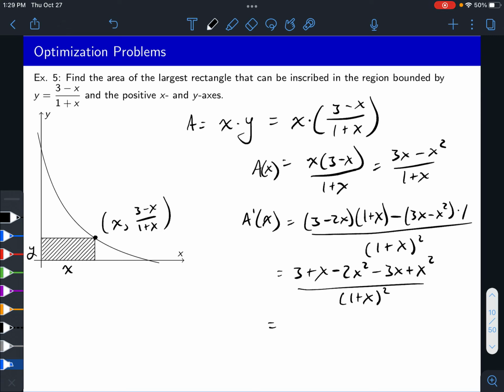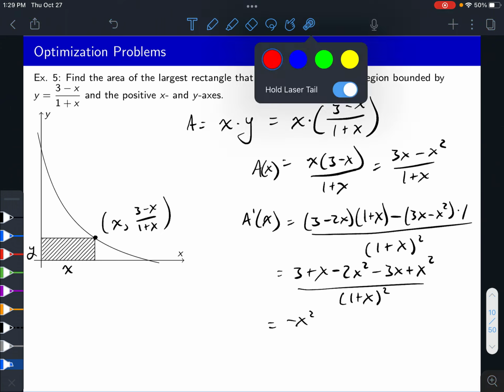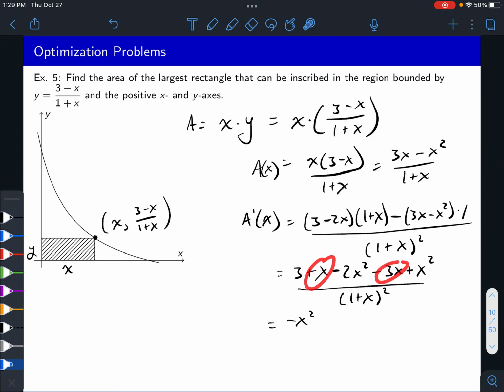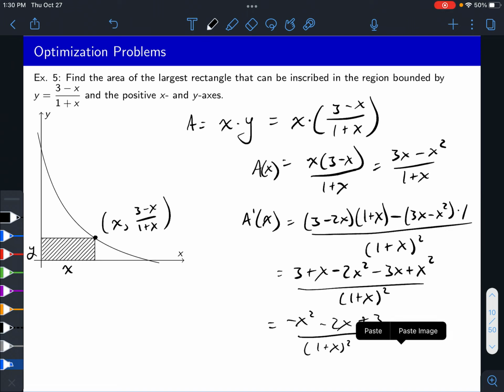I will keep the denominator factored like so. Now I'll combine all my x squared terms. This plus this is equal to negative x squared. x minus 3x is equal to negative 2x. And then I only have the plus 3 left. Can I factor that?